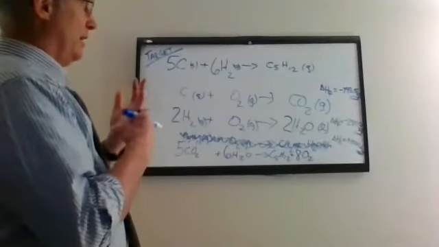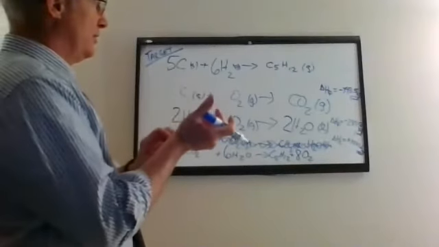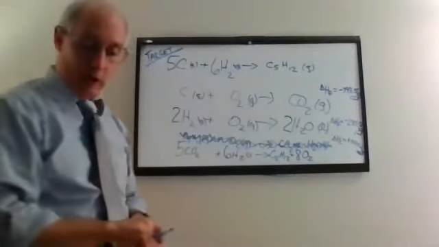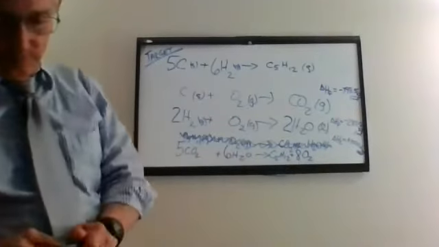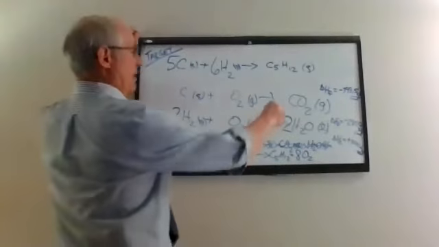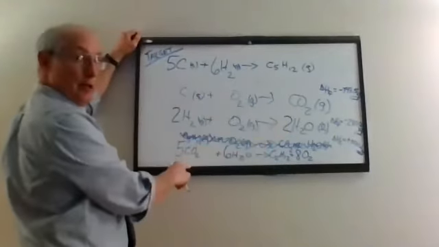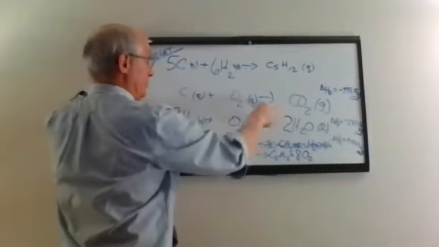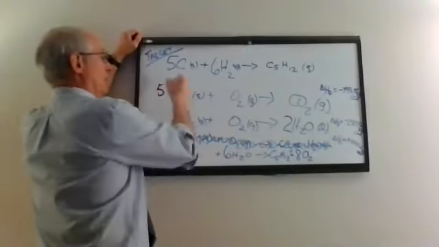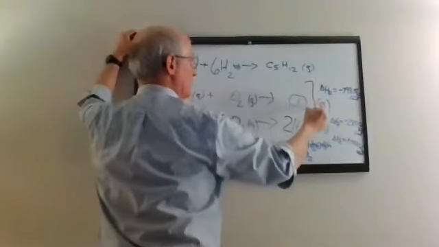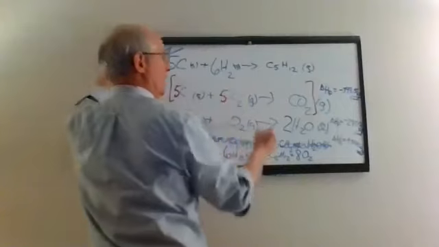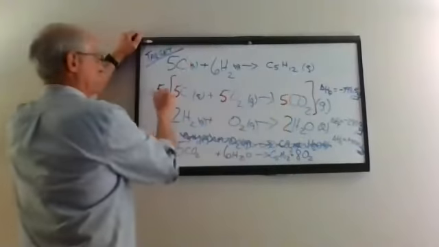All right, now we're going to want to go ahead and take these heats of formation. Before we do that, let's start crossing off some stuff. I'm going to use red. I have carbon dioxide over here and 5 carbon dioxides over there. So I'm going to have to multiply all of this times 5. And when I do that, I'm going to get a 5 right here, a 5 right there, and a 5 right there.